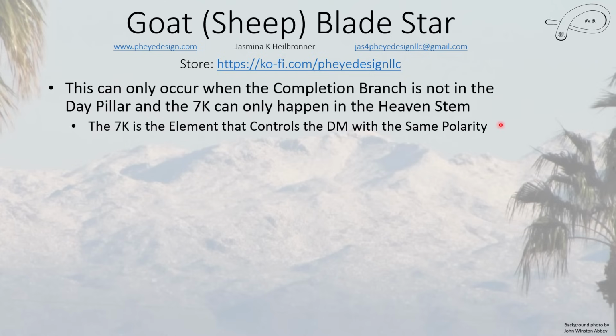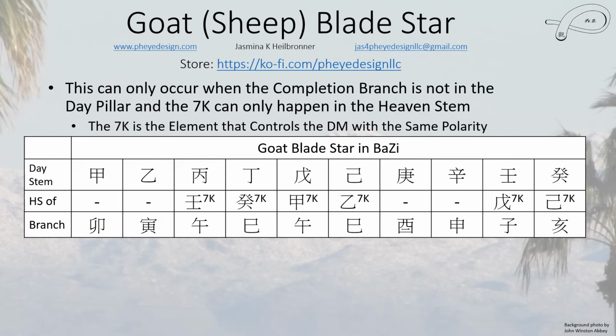So again, the 7K. Most BaZi calculators will tell you what your heaven stem's relationship is to your day master, but it is the element that controls your day master with the same polarity as your day master. That's how it works.